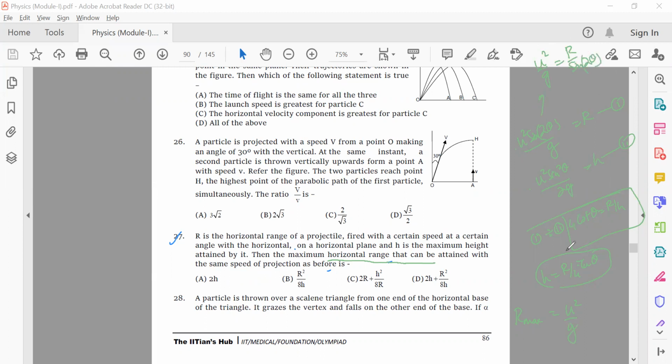And from here you can see that tan theta can be written as 4H by R. So you can eliminate this way. You understanding my point?